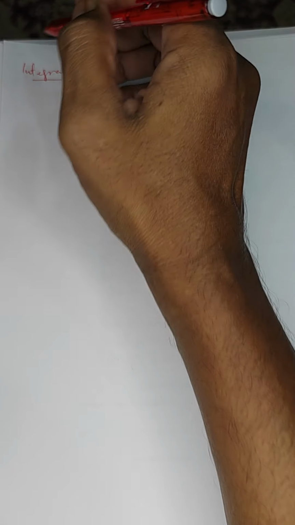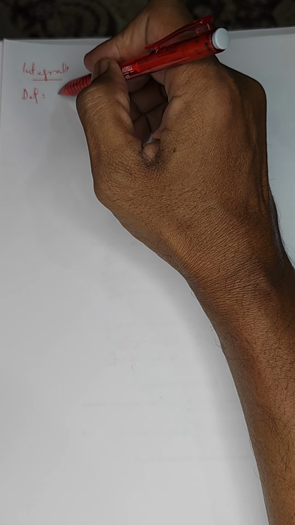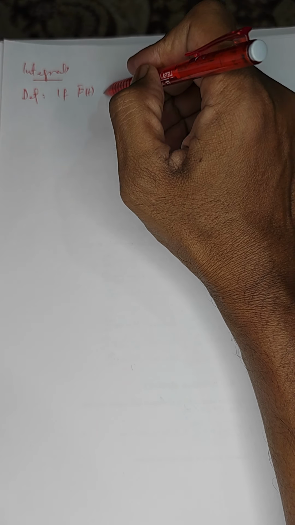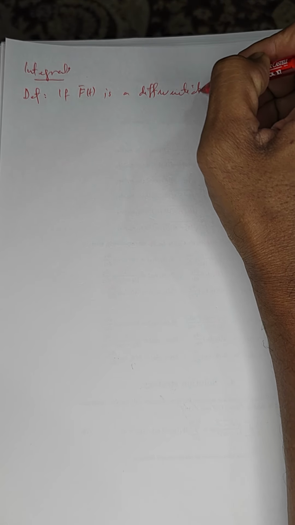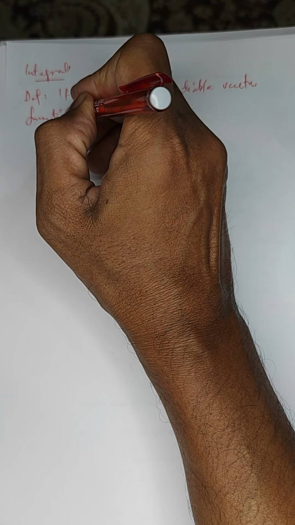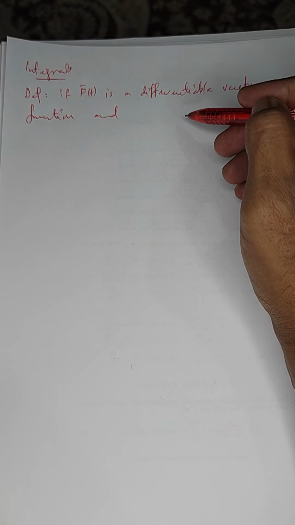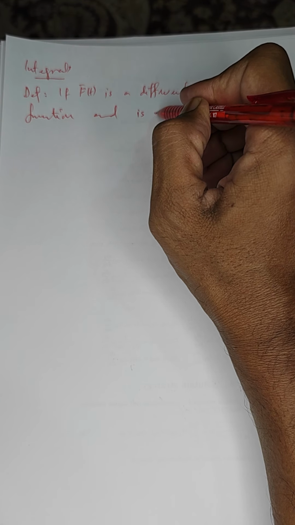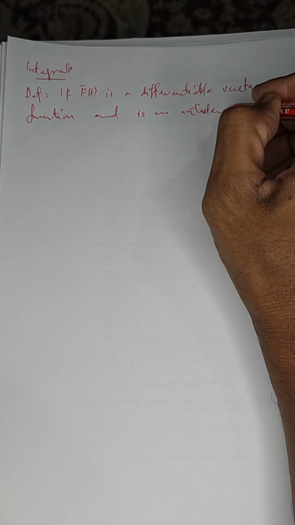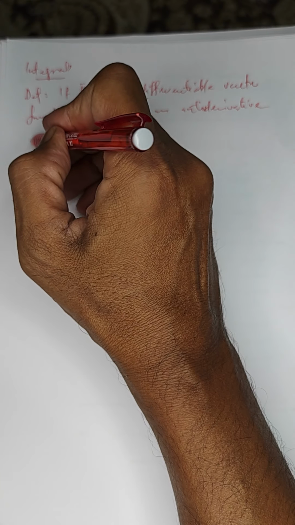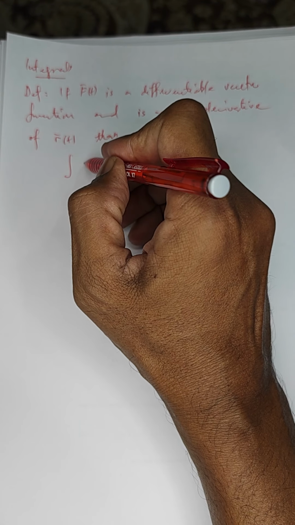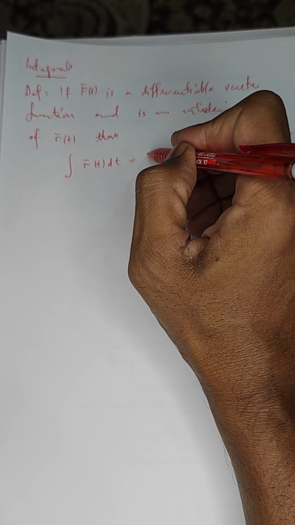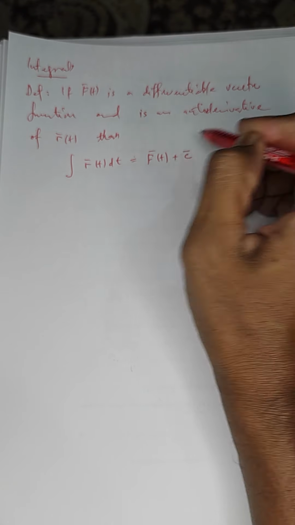Integral definition: if r(t) is a differentiable vector function, and F is an antiderivative of r(t), then the integral of r(t) dt is F(t) plus C vector.